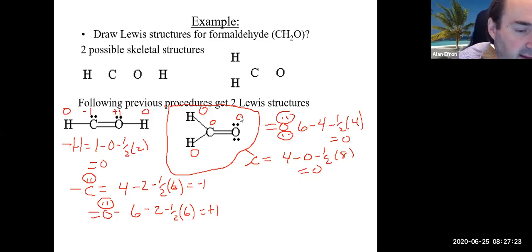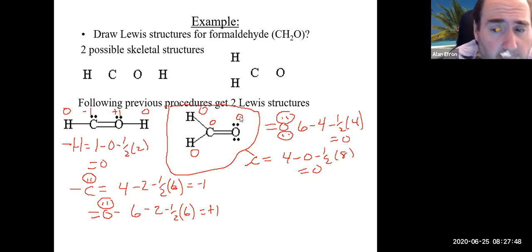Second, when we look on the left, obviously we don't have zeros on everything. We have ones, which is not too terrible per se. But we do have -1 on carbon and +1 on oxygen.